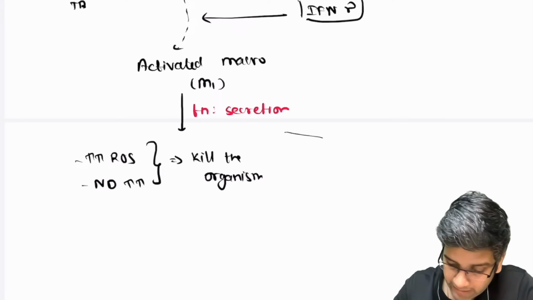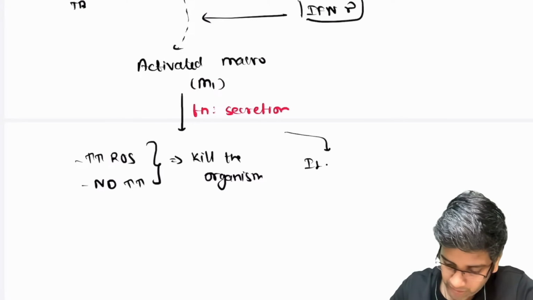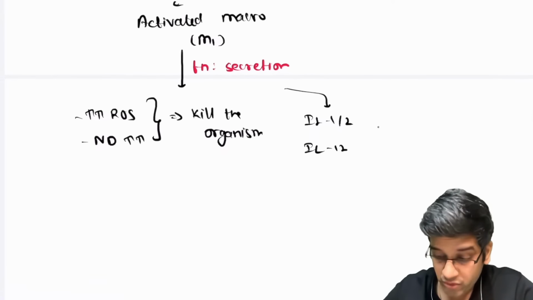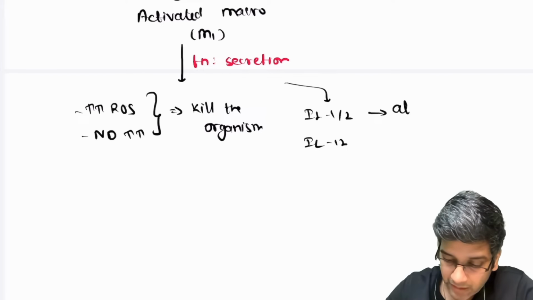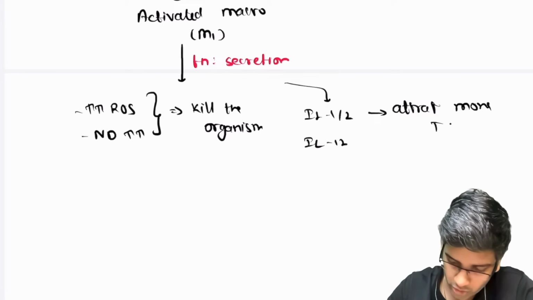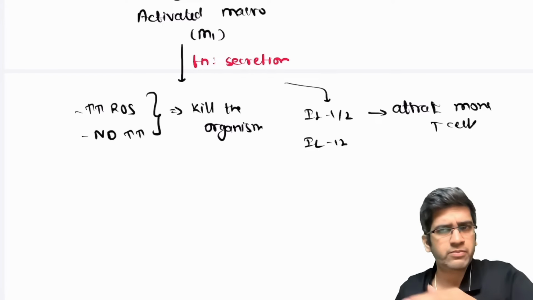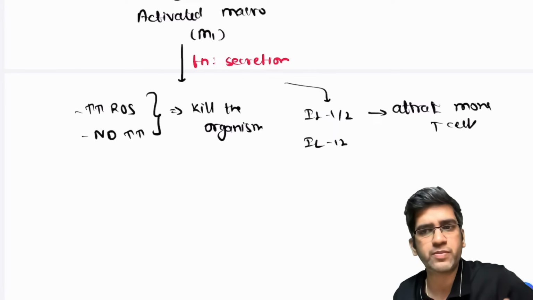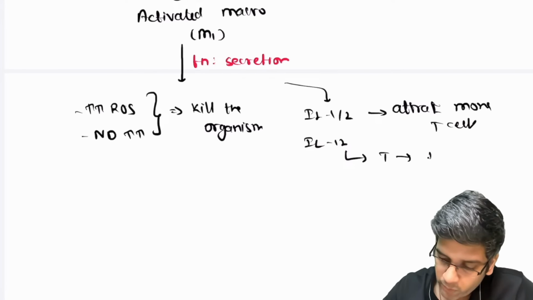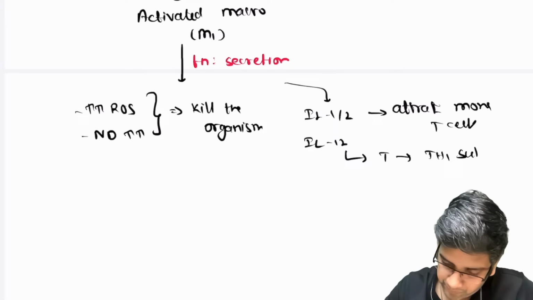Next, it will also secrete interleukin 1, 2 and interleukin 12. How do they help? Interleukin 1, 2 will attract or produce more lymphocytes or more T cells from the blood. Then interleukin 12 will convert a T cell to Th1 subtype.